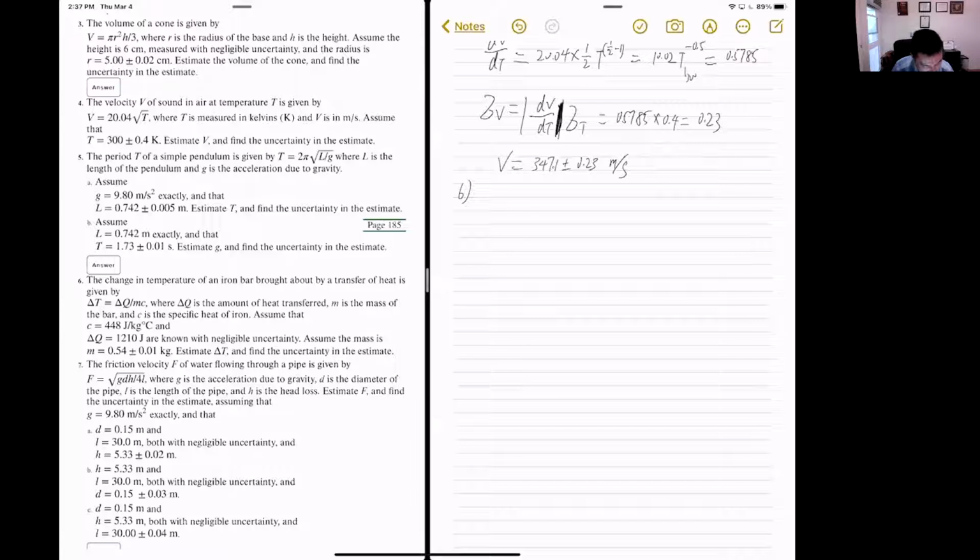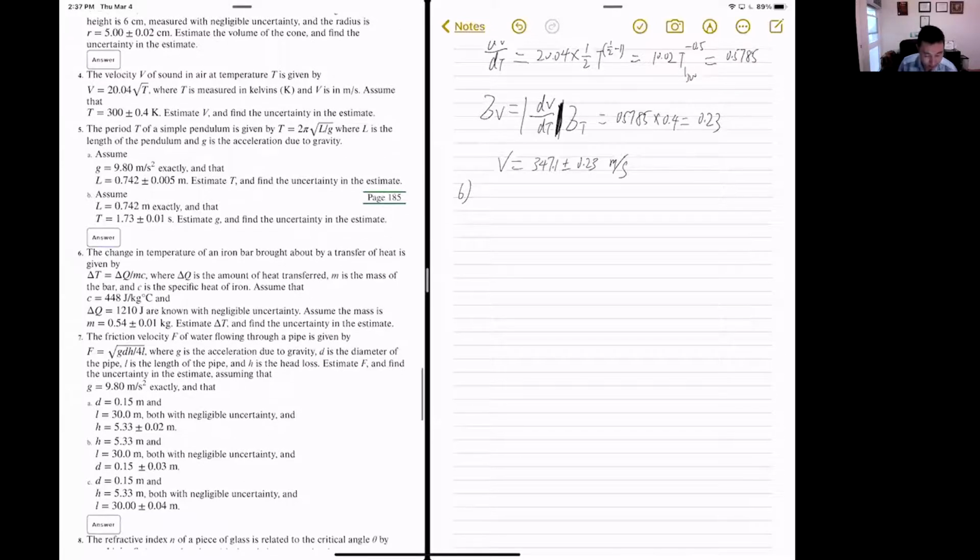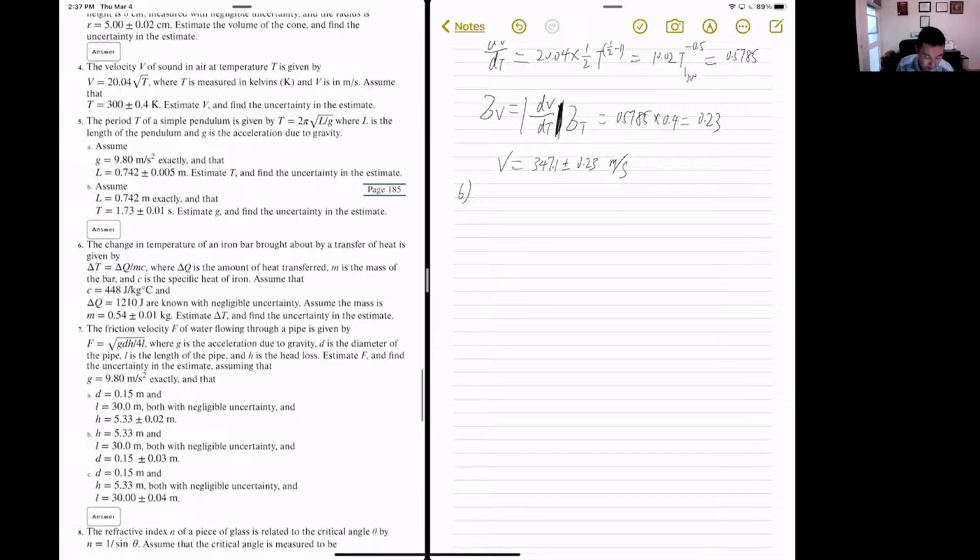The change in temperature of an iron bar brought about by transfer of heat is given by this equation. So delta T is equal to delta Q over MC. Delta Q is the amount of heat being transferred. M is the mass of the bar. C is a constant called the specific heat of iron.